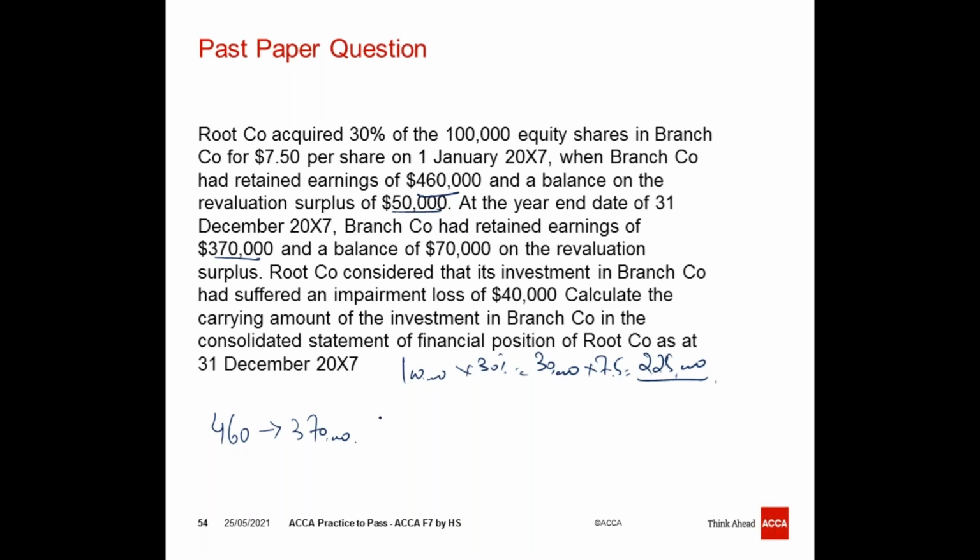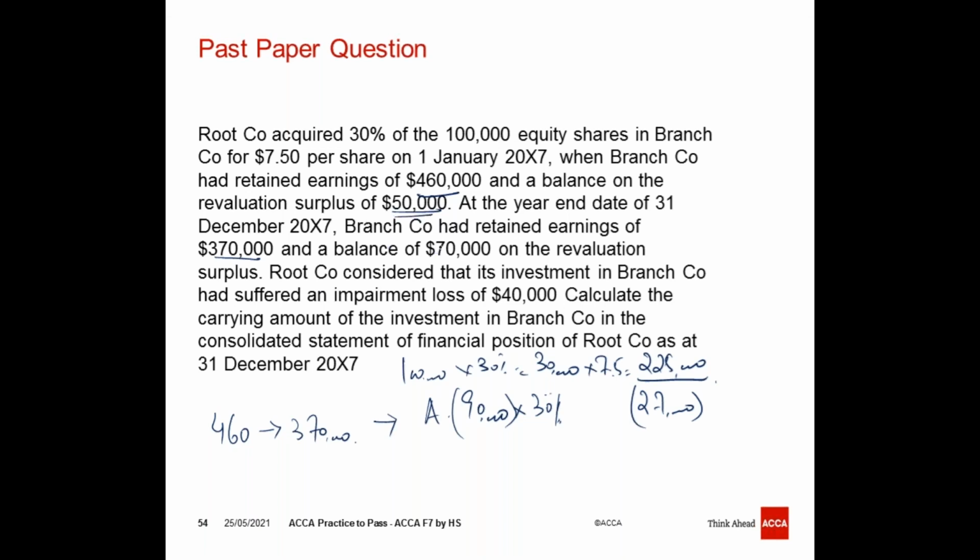So there is a post acquisition loss in associate company that will be 90,000. So 90,000 into 30%. So 27,000 is the amount of the loss for the associate.